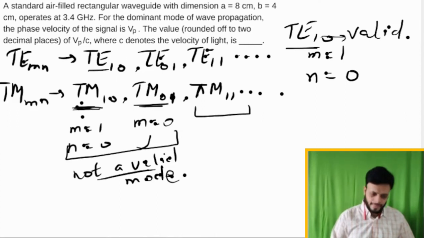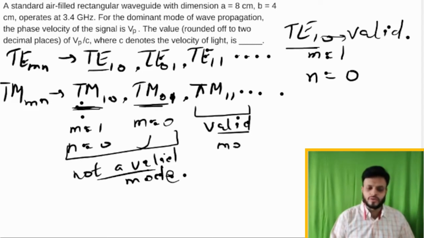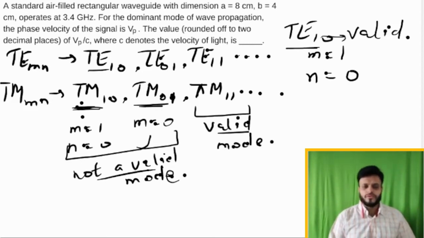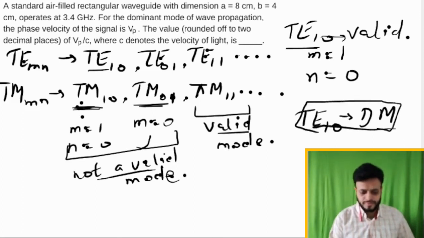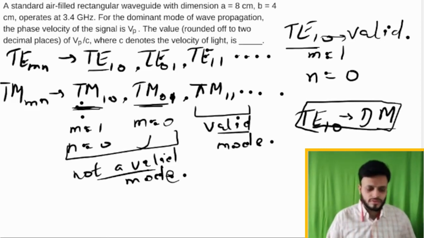So we can say TM11 mode is a valid mode. So now we have two lowest possible modes. One lowest possible mode for the TE wave is TE10, and for the TM wave it is TM11. Out of these two we can clearly conclude that TE10 is the dominant mode.